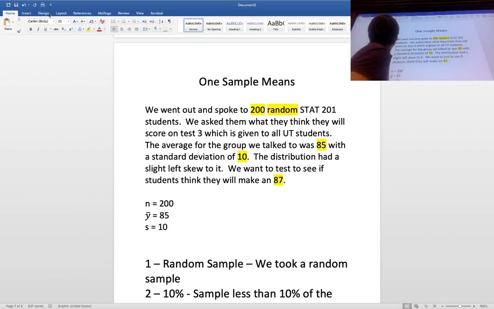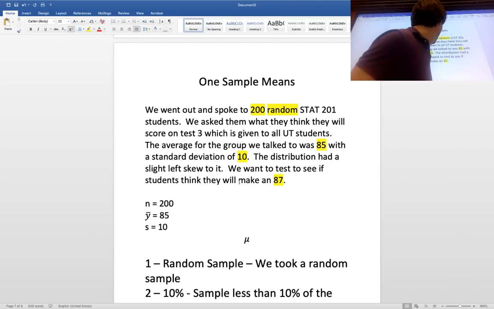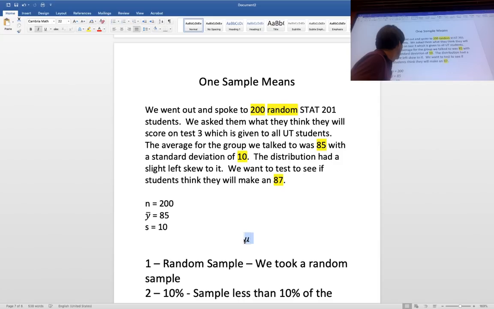Mu naught. Let's insert, and let's go to equation. We have to go to mu whenever it appears. Mu. Uh-oh, got to go mu naught. Let's go cheat.